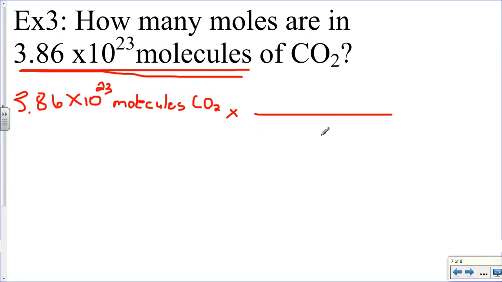Now I'm going to leave a big space here because I need to put a number with my units. What number is going to go with molecules, atoms, or formula units? Or ions, maybe?